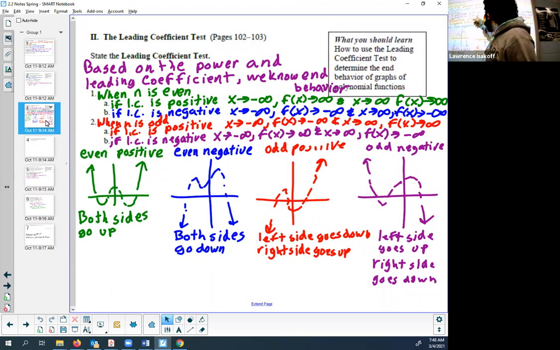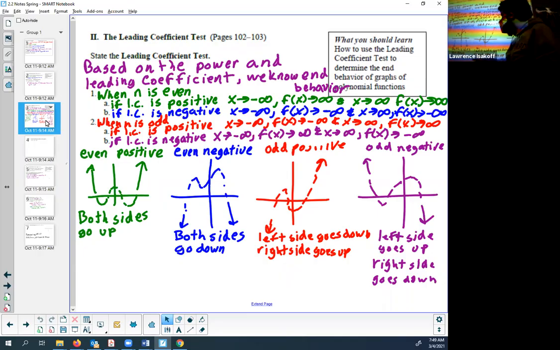So as x approaches negative infinity, so the left side, f of x approaches negative infinity, goes down. As x approaches positive infinity, the right side, f of x also approaches negative infinity, goes down. So if it's an even power and a negative, both sides go downwards.